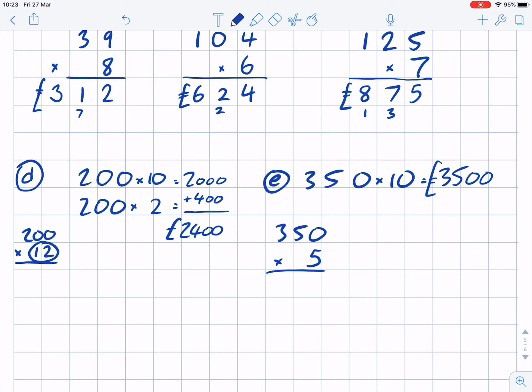And then I need to work out 350 times 5. 5 times nothing is nothing. 5 fives are 25. 5 times 3 is 15. Add the 2 is 17. So now I've got the price for 10 people and 5 people. I just need to add them together. So the price is £5,250.